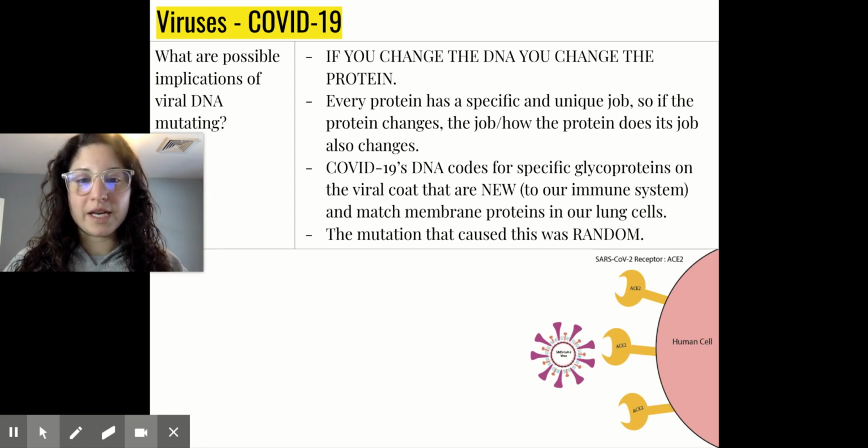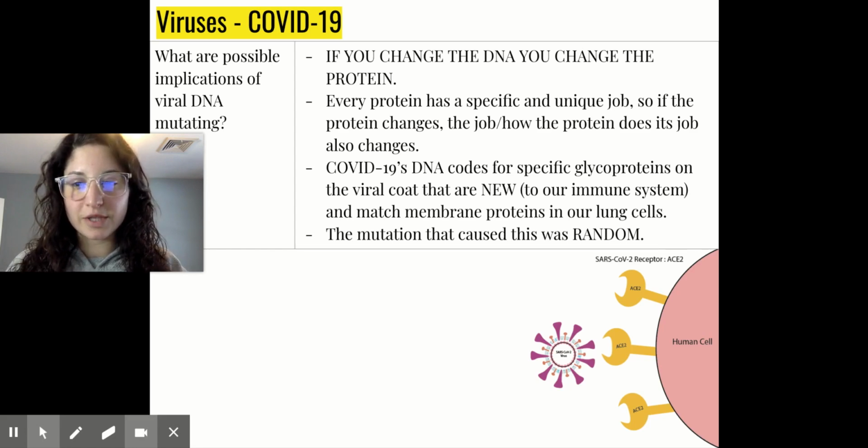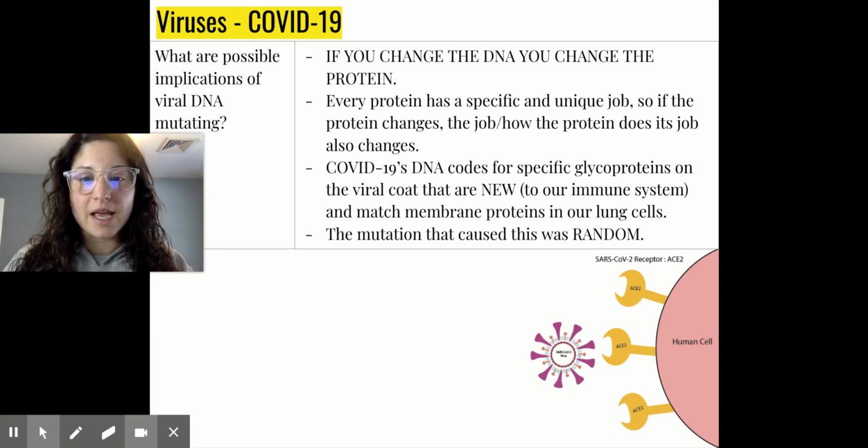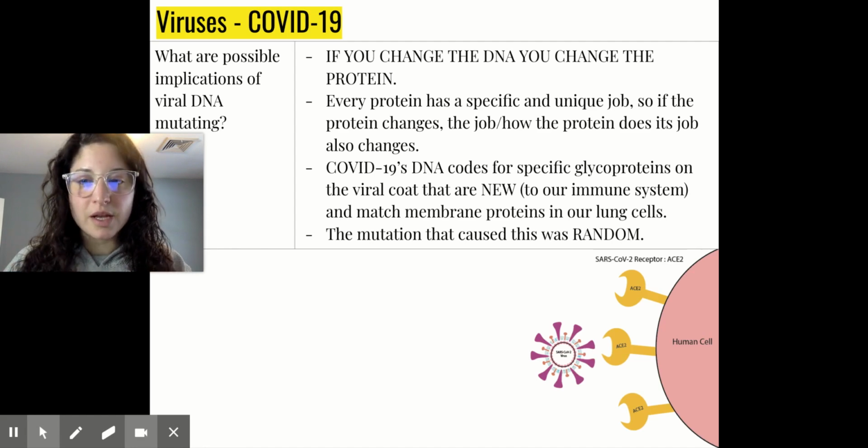With COVID-19, it's going to code for a specific glycoprotein on the coat on the outside of the virus, and this glycoprotein is completely new to our immune system. It happens to match with the proteins on our lung cells, so that's why it's infecting the lung cells, and that's why a lot of the symptoms are respiratory issues.